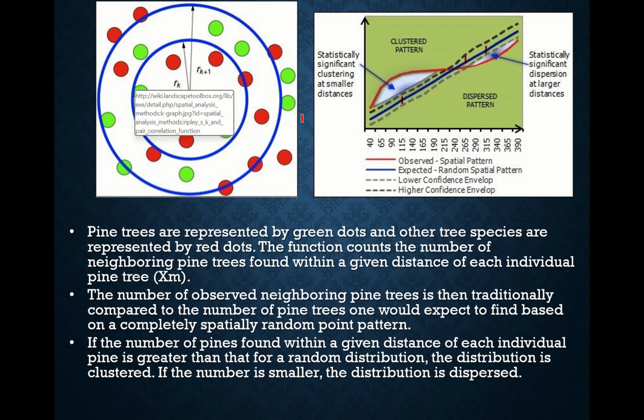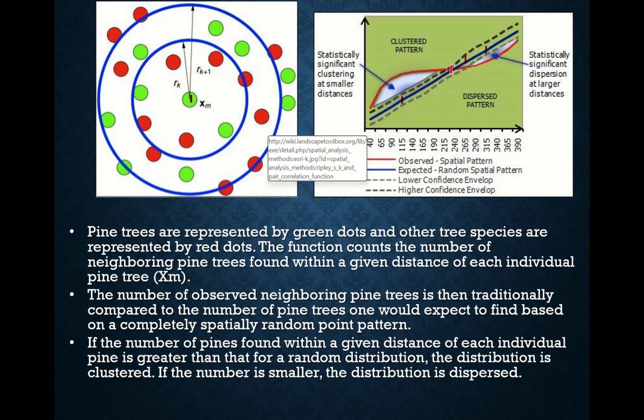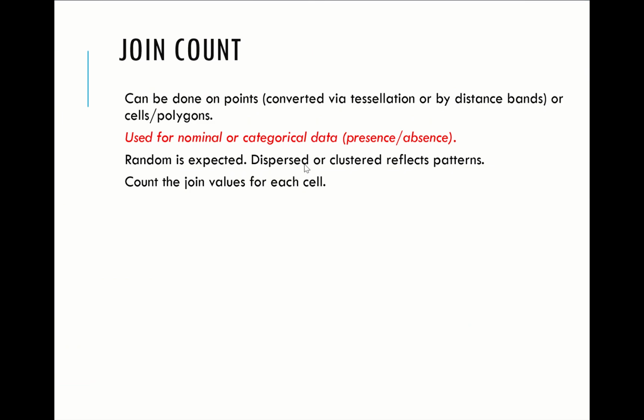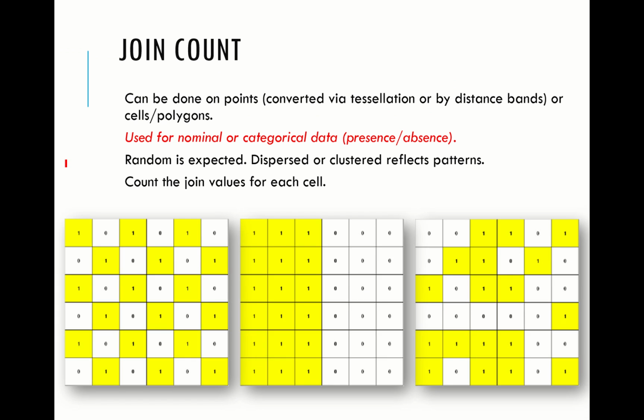At close distances or small radiuses, we tend to have clustering. But as we move further away and our radius gets longer, the spatial pattern moves from clustered to more dispersed or uniformly distributed. So that's how Ripley's K can be used.